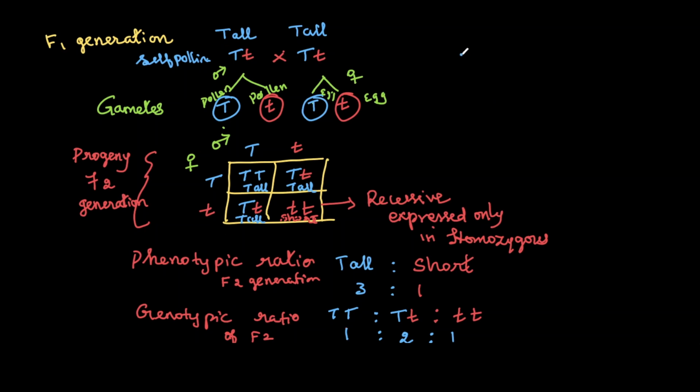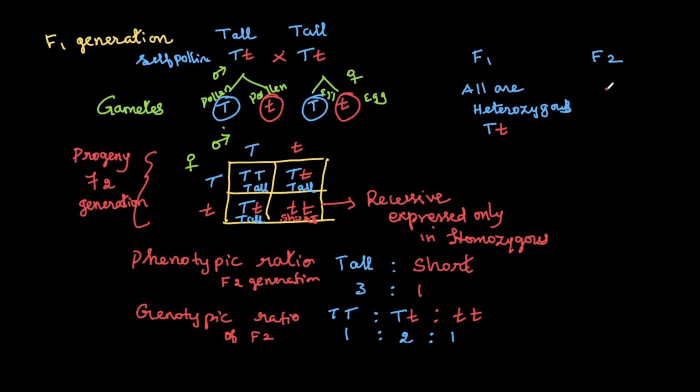So here you can write the difference between F1 and F2. If you see the F1 generation, all are heterozygous individuals, that is capital T, small t.